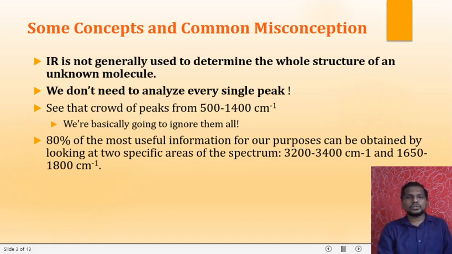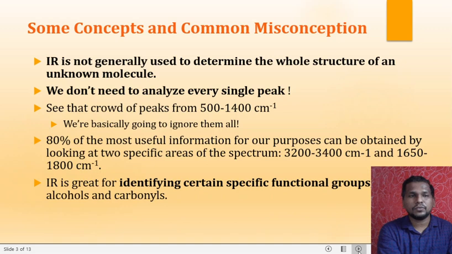80% of the most useful information for our purpose can be obtained from looking at specific areas, that is from 3,200 to 3,400 centimeter inverse, as well as 1,650 to 1,800 centimeter inverse. So 80% of the information we are going to get from that region.